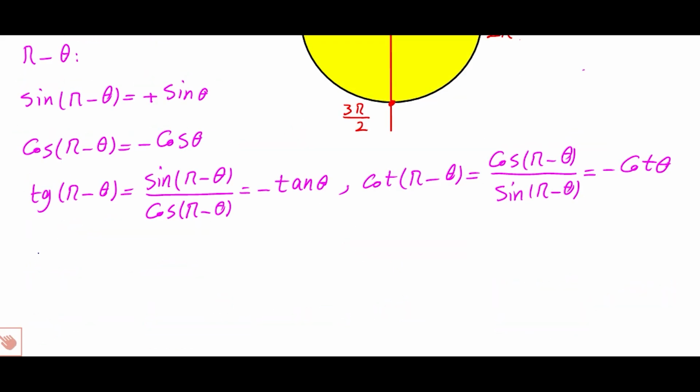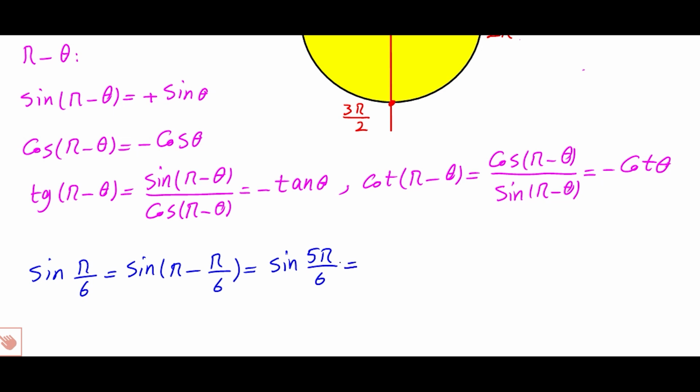For example, sine of pi over 6 is equal to sine of pi minus pi over 6, which is sine 5 pi over 6, and is equal to 1 over 2.